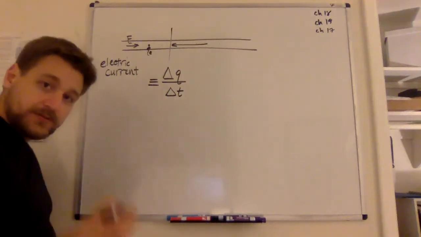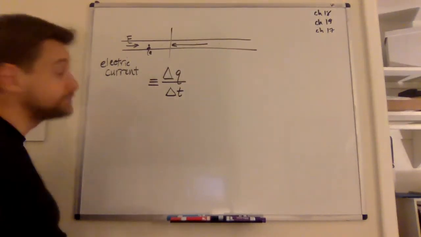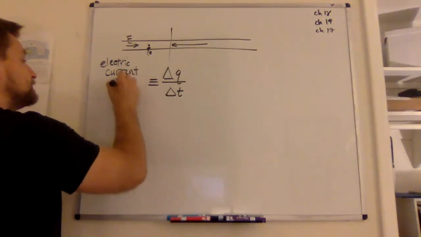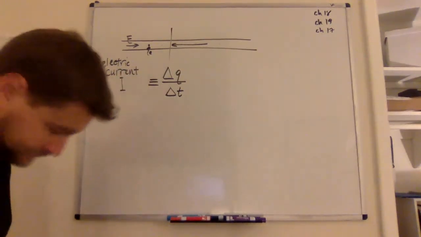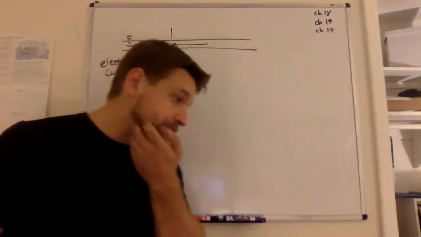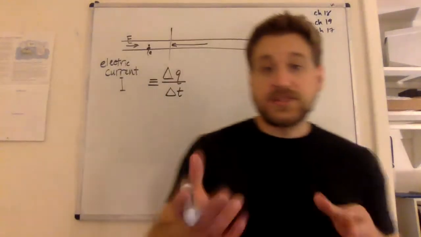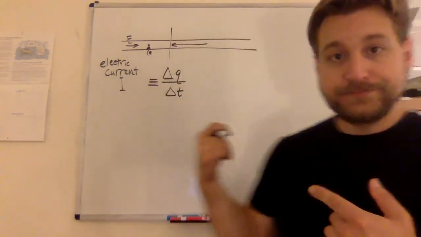The symbol that I'd like to use, it's unfortunate, but it is what it is, is the letter I, capital I. You will sometimes see me use a lowercase i on the board.